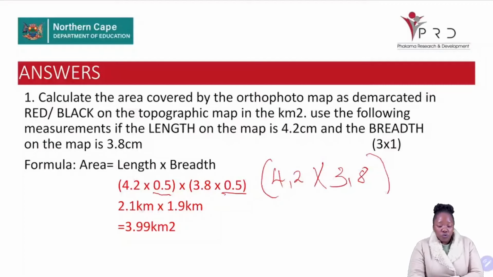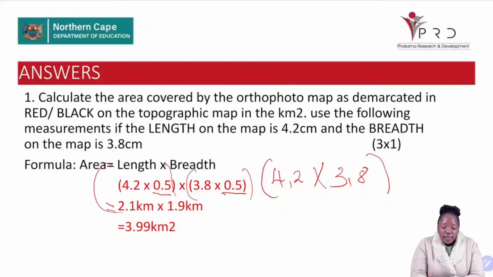So 4.2 times 0.5 will give you 2.1. Then you need to do this separately and then again separately. So 3.8, the one that we are given for breadth, times 0.5. Why 0.5?